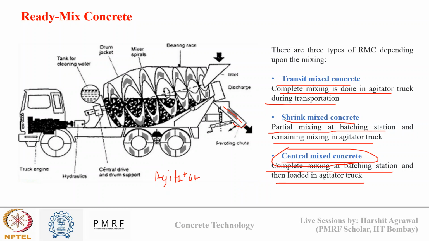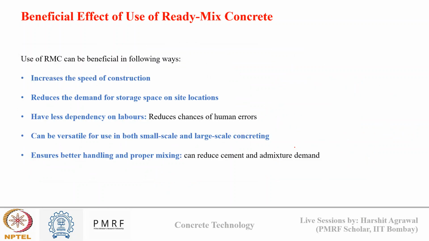If my transportation time is long, I will start recording loss in plasticity, which I don't want. So that's why it is generally limited to a shorter transportation time. However, it offers high quality control and consistent concrete, which are the additional advantages of central mixed concrete. So in this way, RMC application can vary based on different factors.